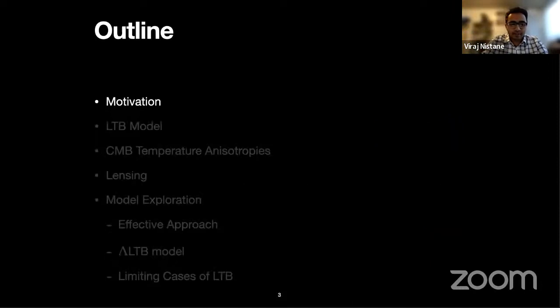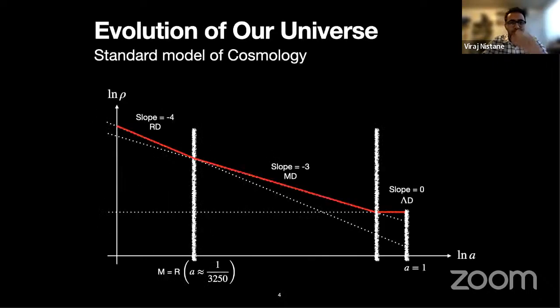So let's start with a bit of motivation, where we'll see a bit of an introduction to cosmology course. This plot shows the evolution of our universe in the form of a dominant density contribution with time or scale factor in the standard model of cosmology.